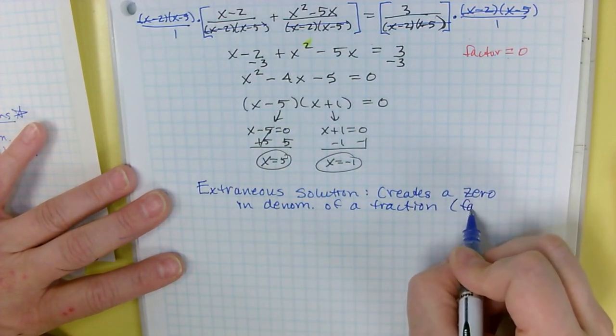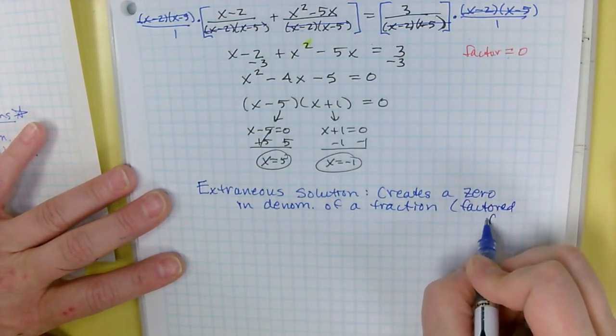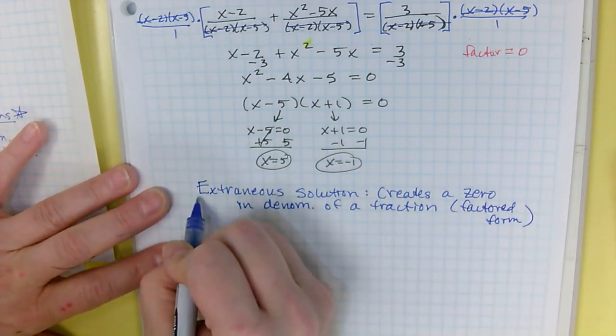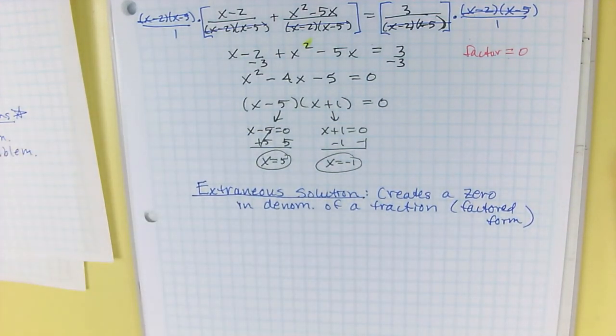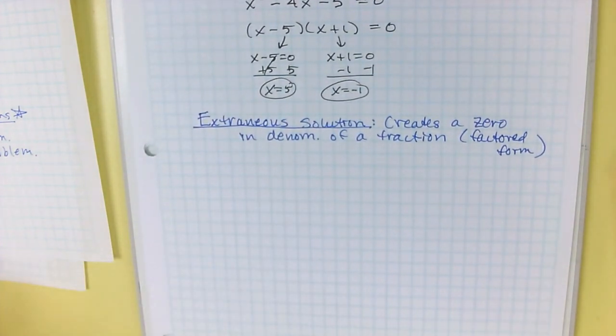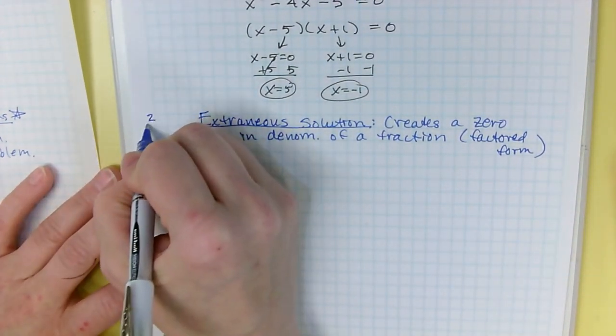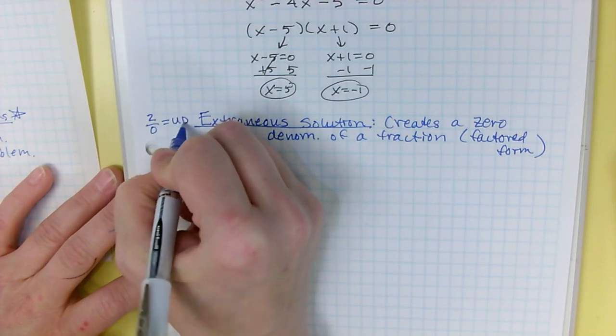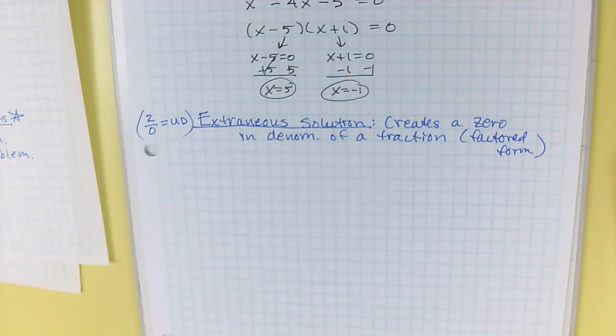And you're going to want to look at the factored form, not the original form. The reason it's extraneous is you can't divide by 0. Like 2 divided by 0 is undefined. You can't divide by 0. So if one of your solutions creates a 0, then you have a problem.